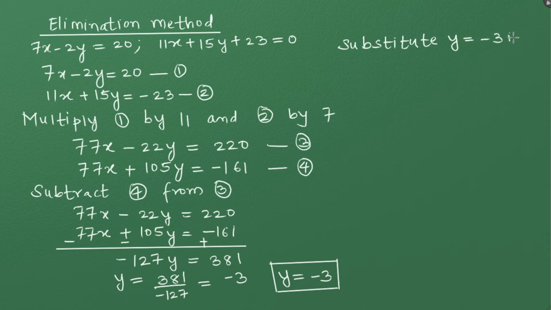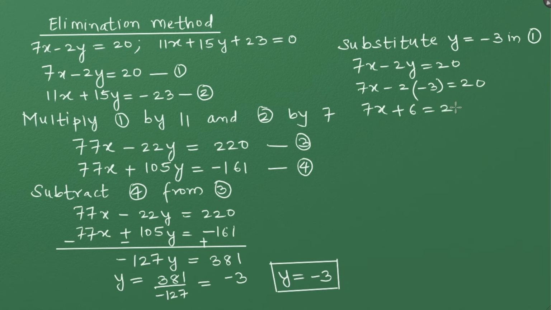Now we are going to substitute y equals minus 3 in the first equation. y is minus 3. Seven x equals 14.